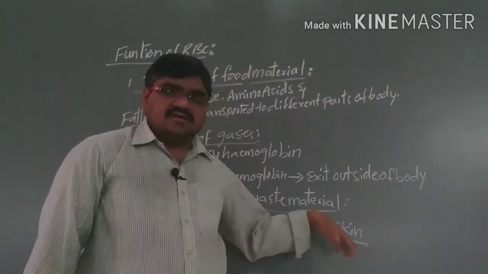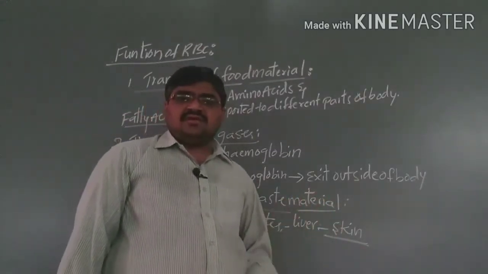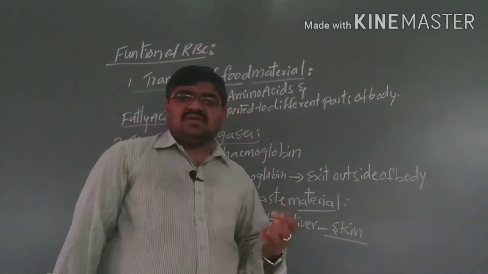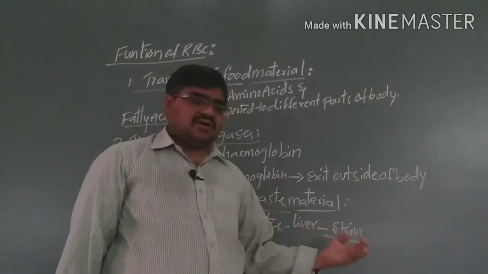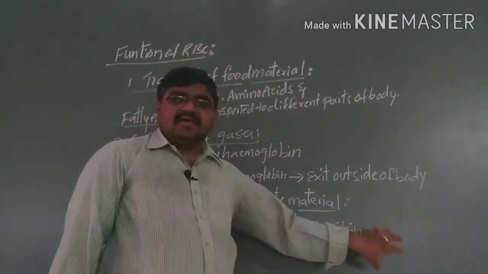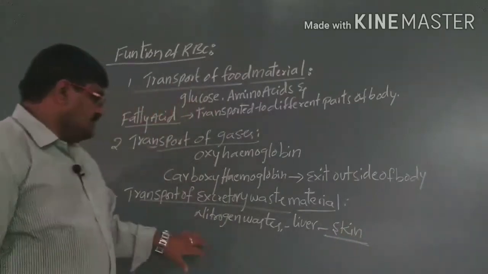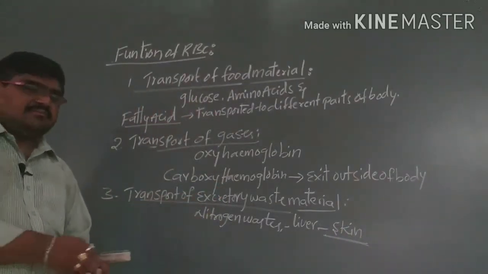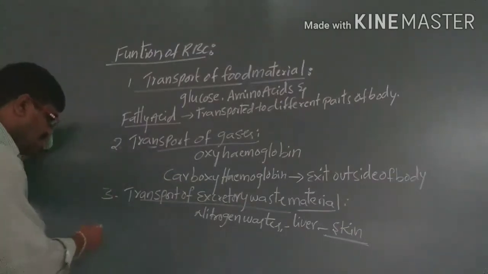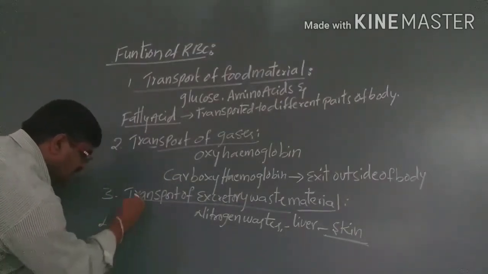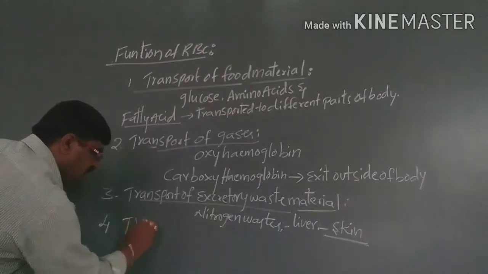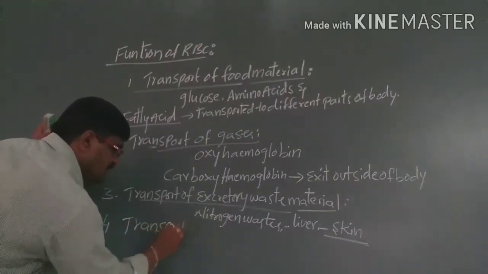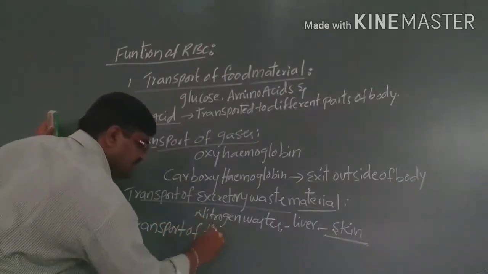Likewise, the toxic substances that enter the liver are excreted through the kidneys. The skin also excretes water and salts of nitrogenous waste. This is the transport of excretory waste materials. It is also helpful in the transport of hormones.